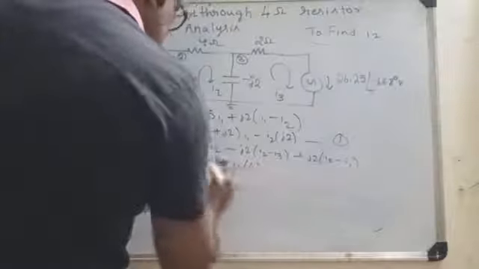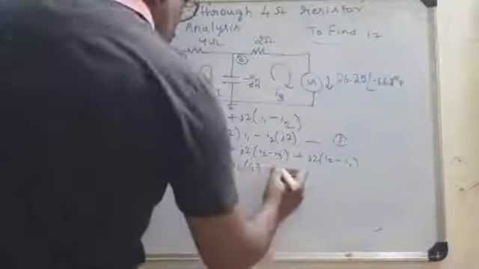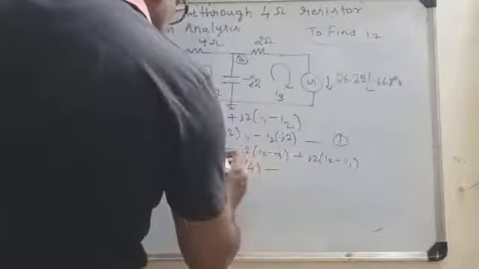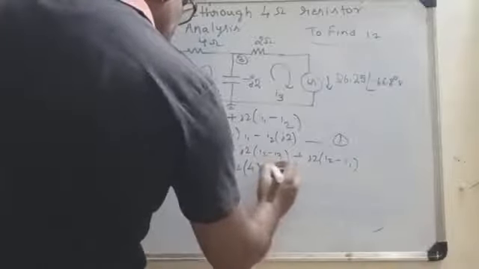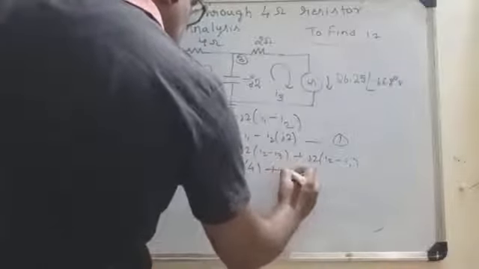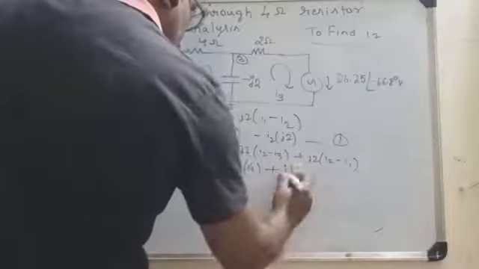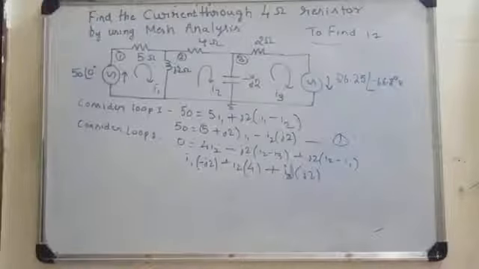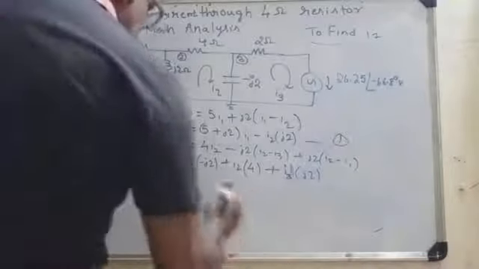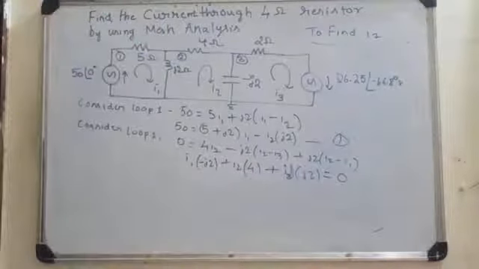I1 is minus j2, so this is minus j2, minus, now here minus j2 I3, minus into minus is plus, so plus I3 into j2. There is no voltage source, so 0.